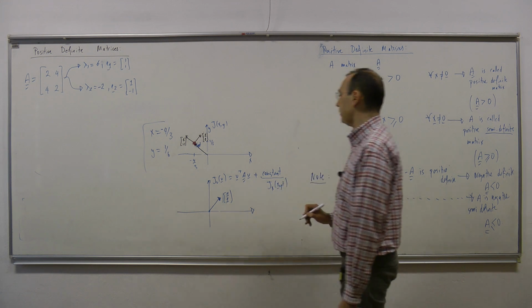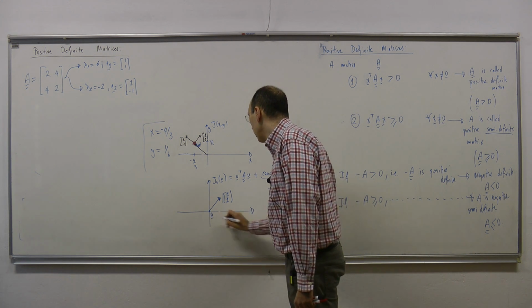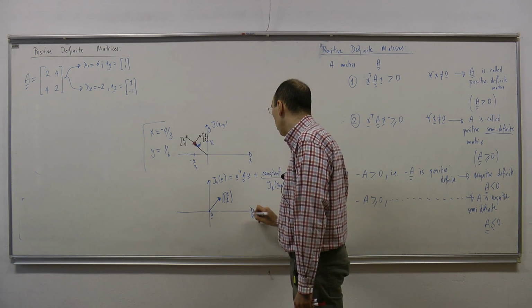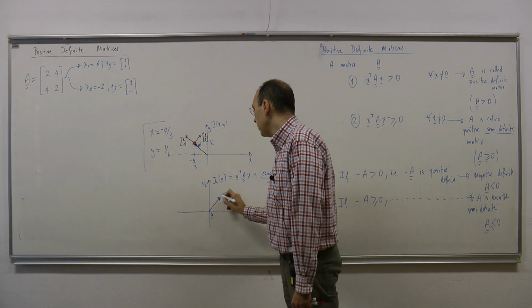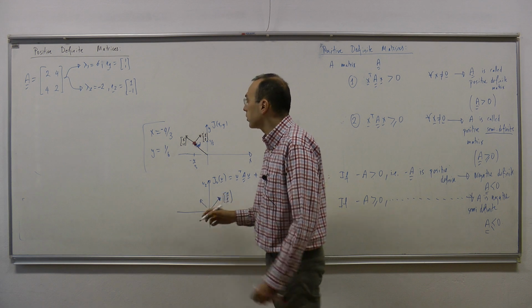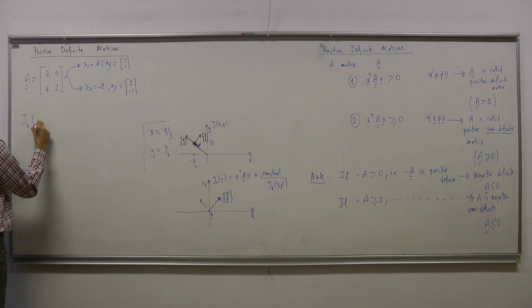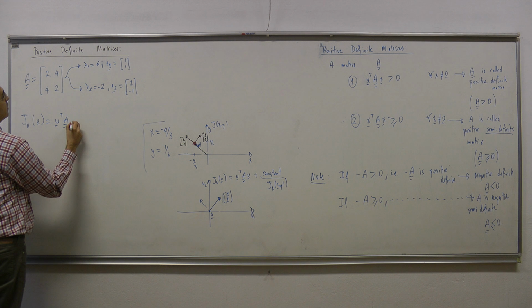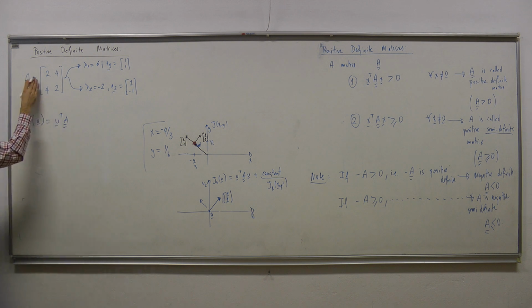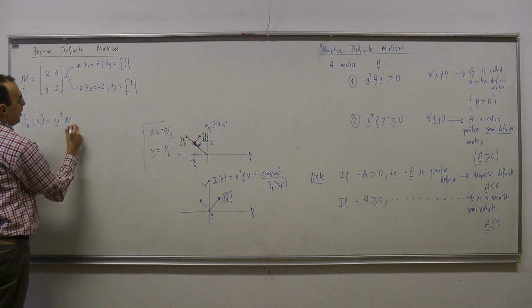Okay. Now I am at this origin. This is my, let's say, u1 coordinate. This is my u2 coordinate. Okay. So I'm going in this direction. Later on I will go along this direction. So let me write this: J of u is u transpose, maybe you will get confused, I will call this M, u transpose M u.